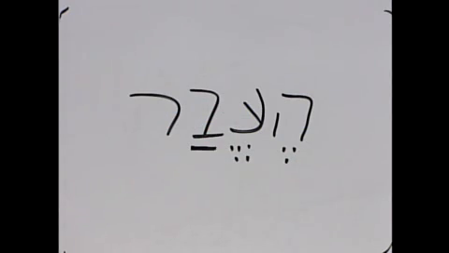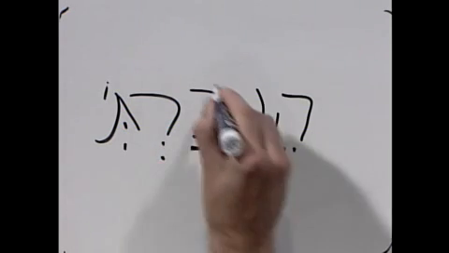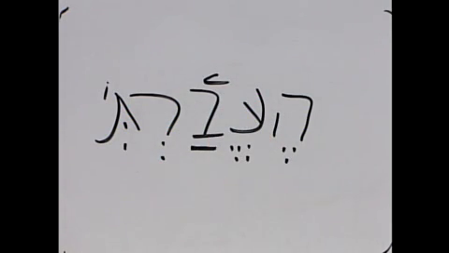If we were dealing with one of the 3s, a 3MS, 3FS, or 3CP, we'd have the long hireq yod. But we're not dealing with that. We're dealing with a 1CS, so we're going to get a patach here for the thematic vowel. And then again, for the call, it's qatalt for your 1CS, so we'll add the T form right at the end. Put the accent here, and this would be the answer that you want. He'evarti is the answer you want.